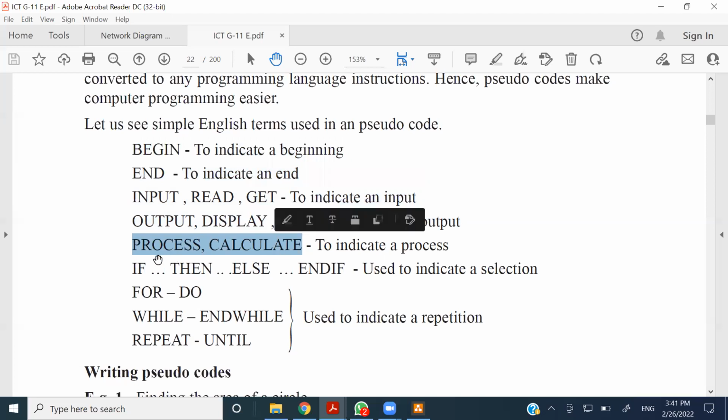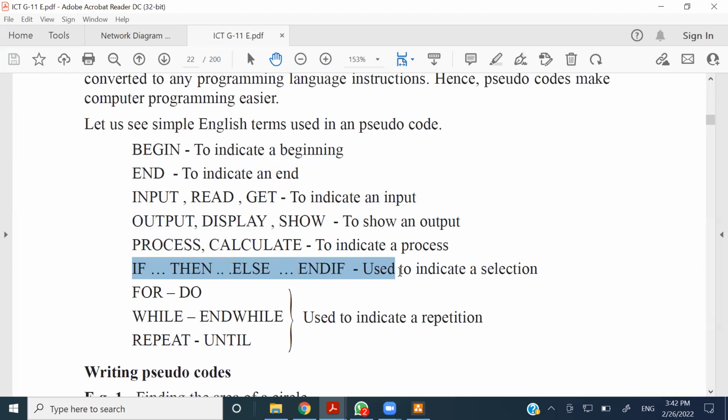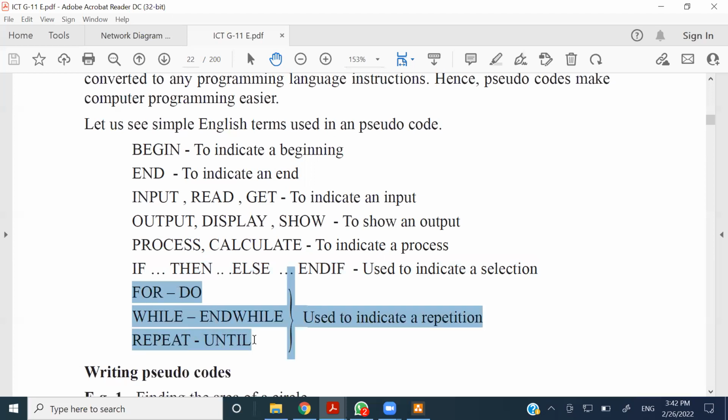right? And this structure, if, then, else, and if, this is there to manage a selection. I think you can remember the selection. We'll go through that again when we are writing the pseudocodes. And again, for, do, while, and repeat until are there to handle an iteration, right?